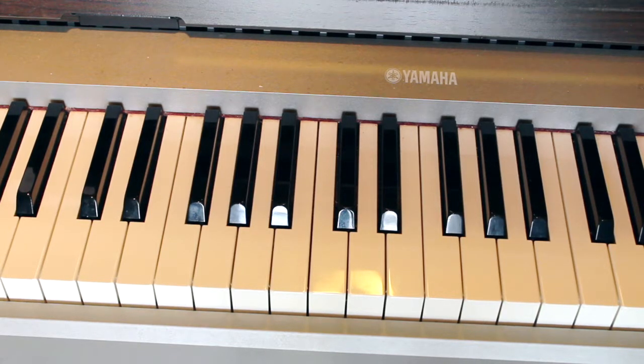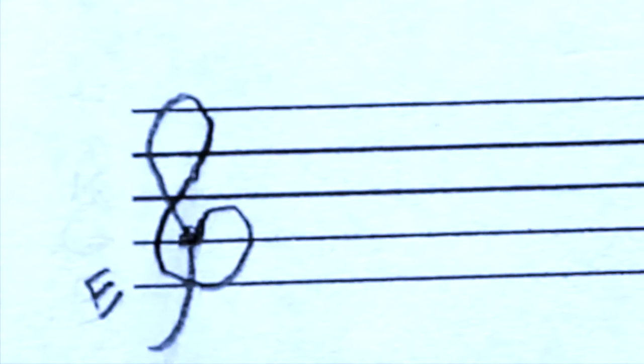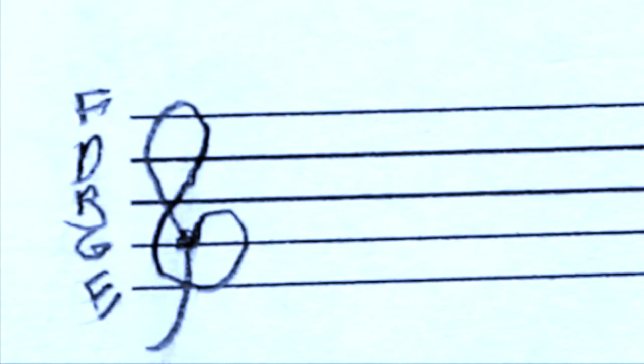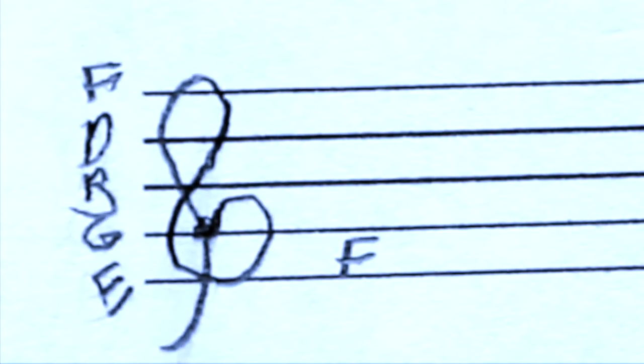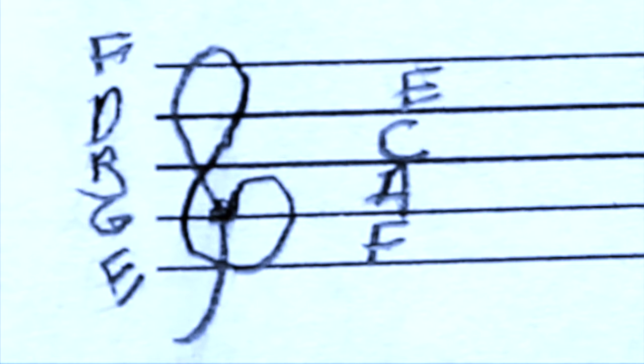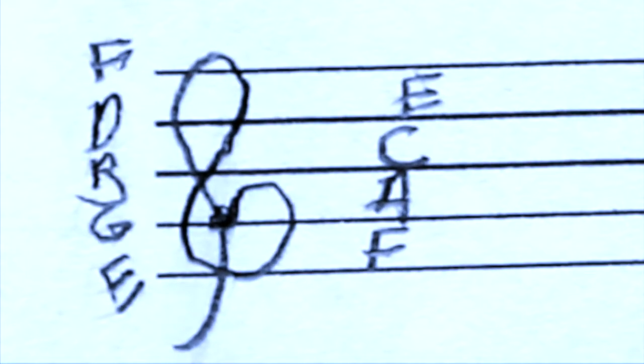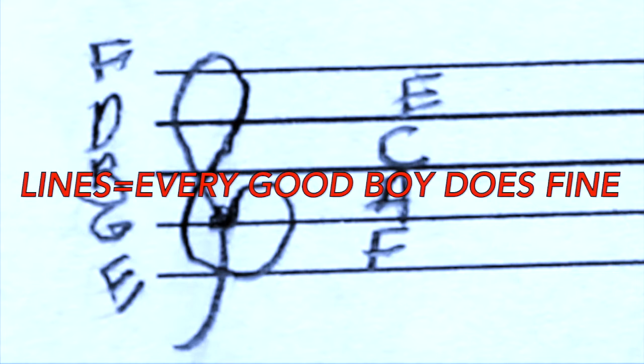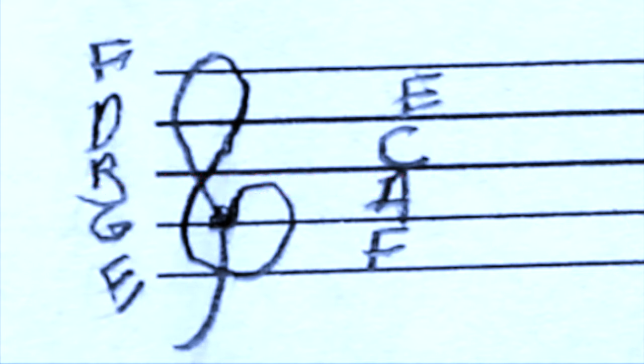In the treble clef, starting with the names of each line from bottom to top, we have E, G, B, D, and F. The spaces in the treble clef are F, A, C, and E. If you need something to help you remember this, for the lines, use the phrase, "Every good boy does fine." For the spaces, it's easier because the letters just spell out face, F-A-C-E.